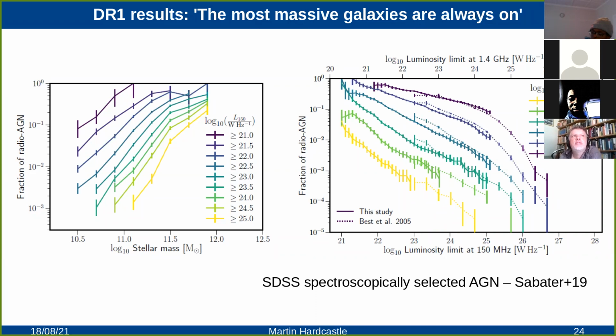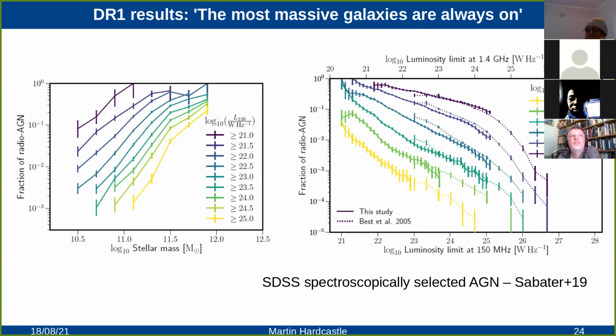FR1s above the cutoff, there aren't very many of those, actually. There aren't so many as the other way around, and they tend to be rather peculiar FR1s. So there you could imagine that that's a source that ought to be an FR2, but something terrible has happened to it. There's some disruption of the jet where the normal FR2-like behavior has been temporarily interrupted, or else they're in really rich environments.